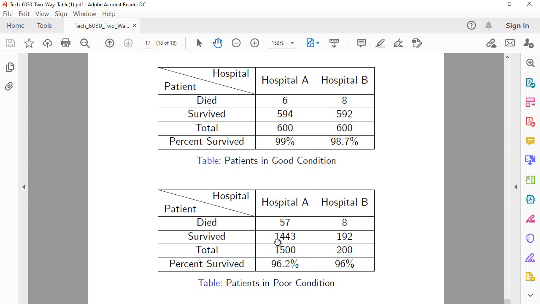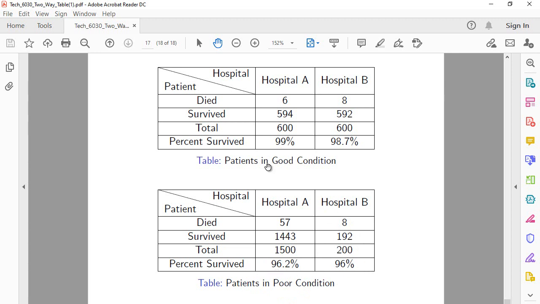In hospital A, 1,443 patients who were in poor condition survived. In hospital B, 192 patients who were in poor condition survived. Okay, so these are the totals in each of the hospitals, and these are the survival rates.